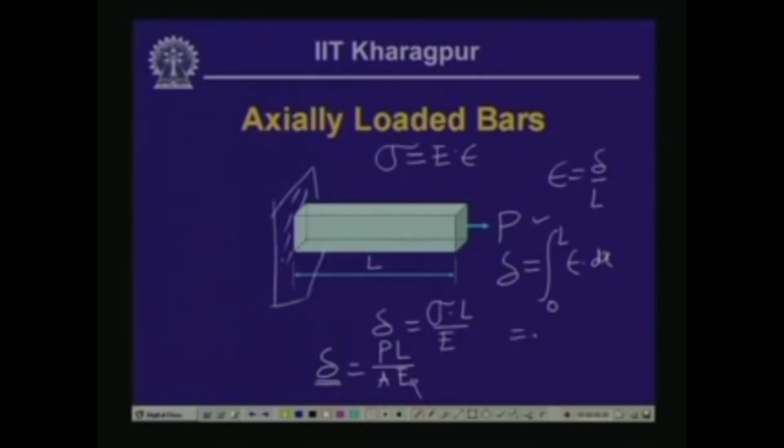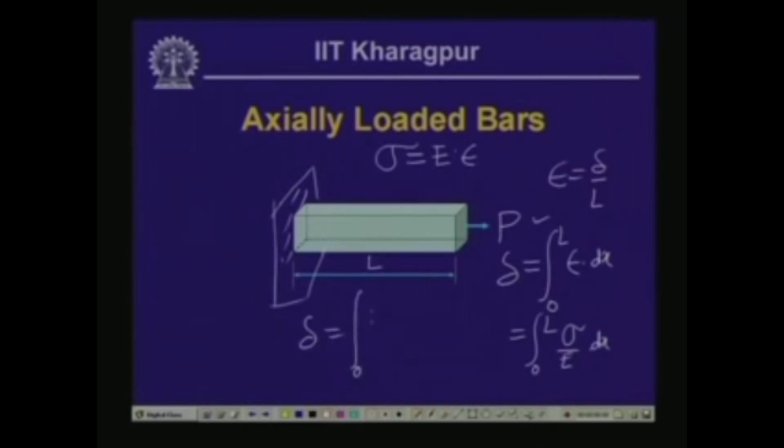So, this is equal to integral 0 to L. In place of epsilon, we write sigma by E dx, and sigma we write as P by A. Then we have delta equal to integral 0 to L P by A E dx.